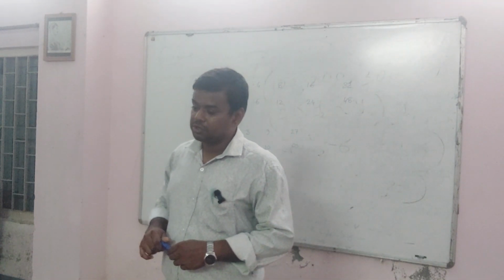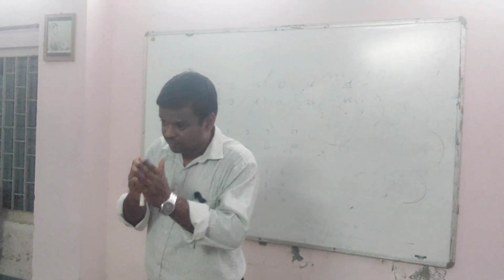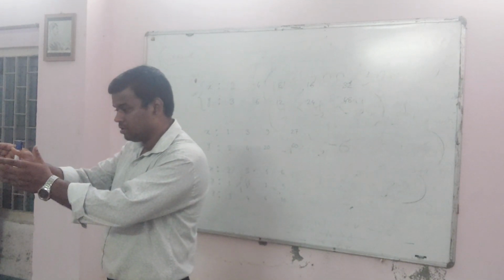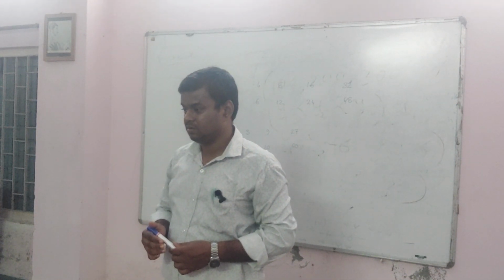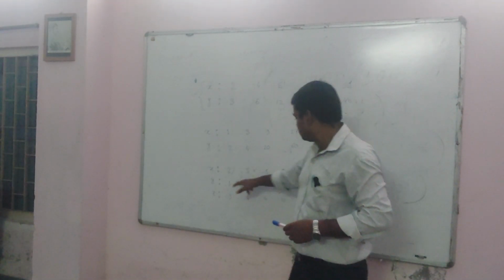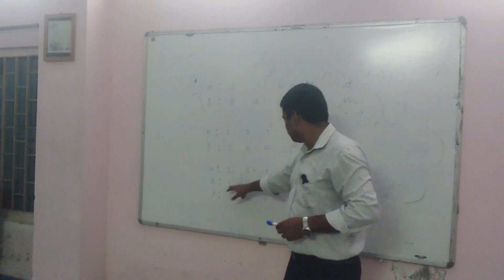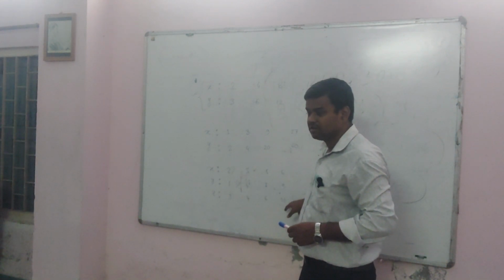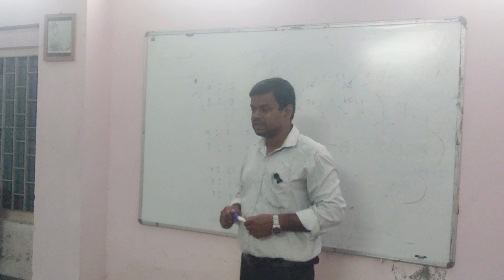In case of multiple correlation, when the value of any one variable changes, other variables must also change. For example, when the value of x increases, value of y also increases, and simultaneously value of z also increases. The relationship between x, y, and z is said to be multiple correlated.